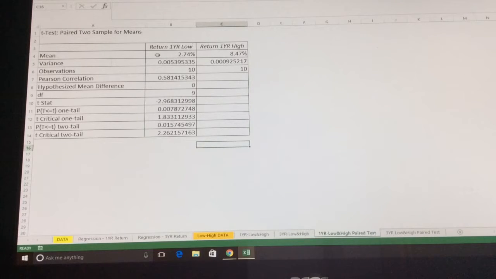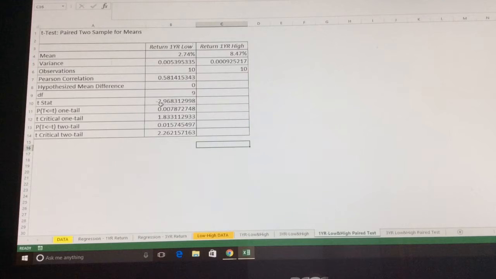So we see again the mean of 2.74 for the low, 8.47 for the high. We were expecting that, as our argument is that funds with a higher Sharpe ratio tend to receive higher returns. Variance very low, comparing 10 observations here.